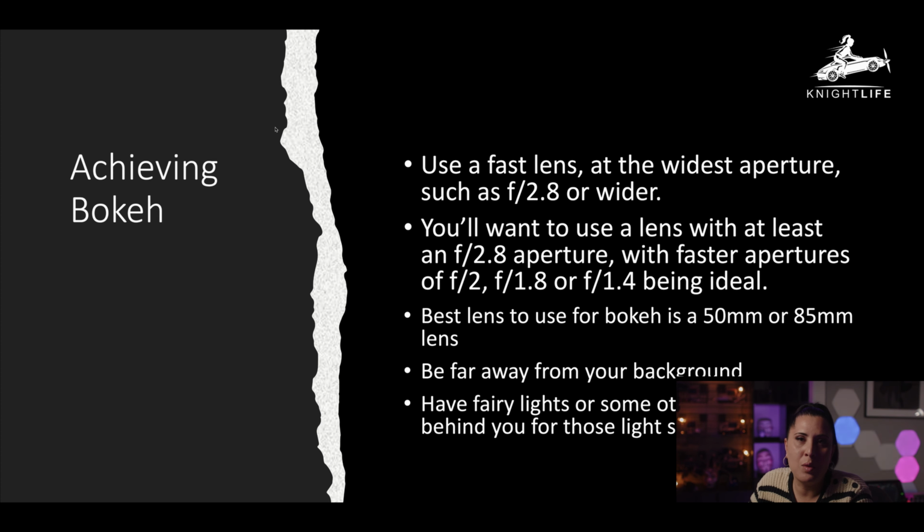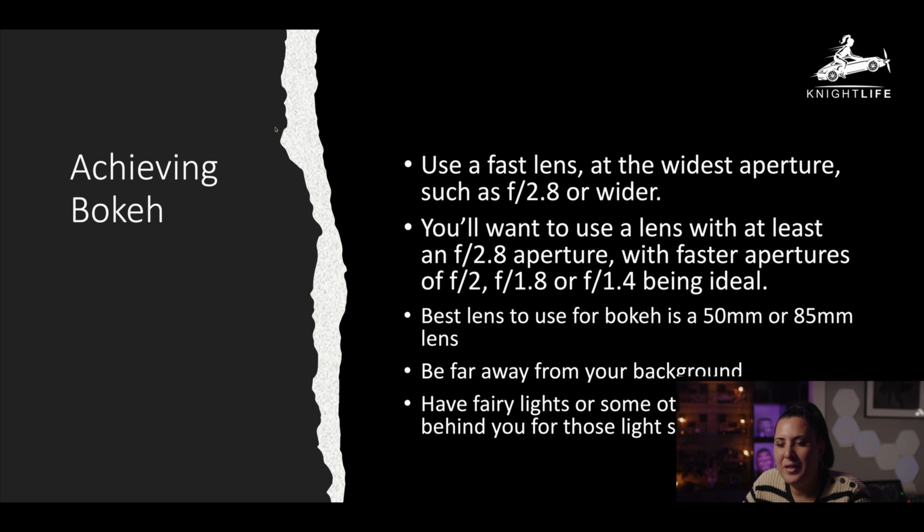It's going to give you that really sexy, creamy, buttery bokeh. You want to use a lens with at least an f2.8 aperture, with faster apertures of f2, f1.8, or 1.4 being ideal. 1.4 is going to be a very expensive lens. So just understand that. But again, remember what I told you, the lower the aperture that the lens can support, the more expensive the lens is going to be.